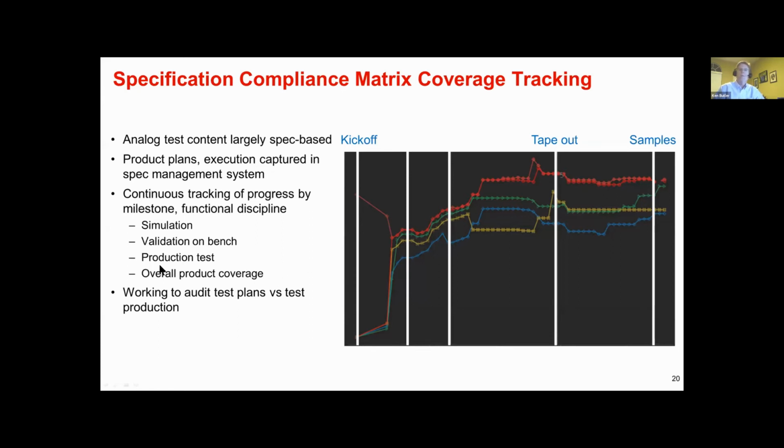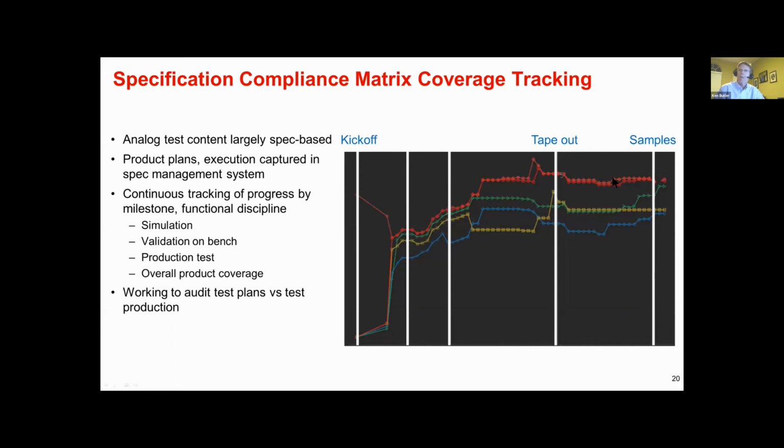And we look at overall product coverage across all of these disciplines, and we track it across time from milestones where we kick off the part design all the way through to some intermediate review milestones, and then we get to tape out, and finally to first customer samples, about what is the progress of planning for what we're going to do for each one of the individual disciplines and for the overall coverage.